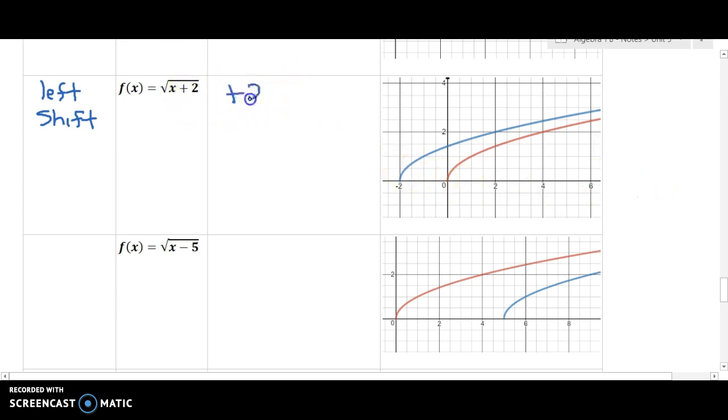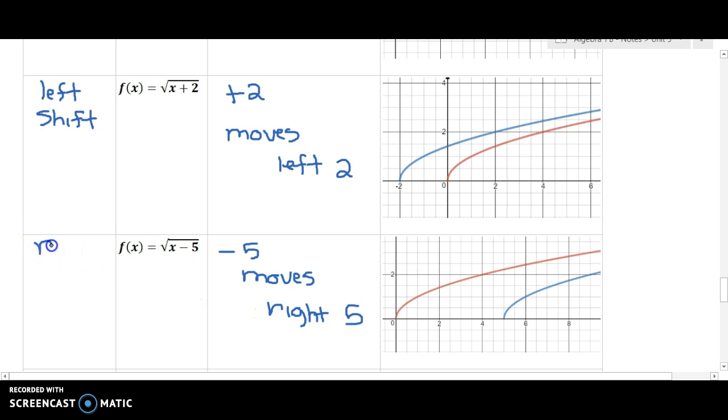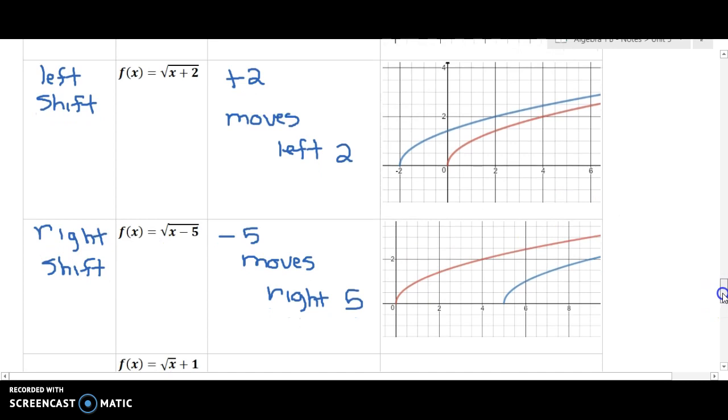So plus 2 under the radical really moves left 2. And so likewise, if I have minus 5, I'm going to move in a positive direction. So it kind of moves opposite. So minus 5 moves right 5. So we call this a right shift. And this can be a horizontal shift. Left shift, horizontal shift, right shift is also horizontal.